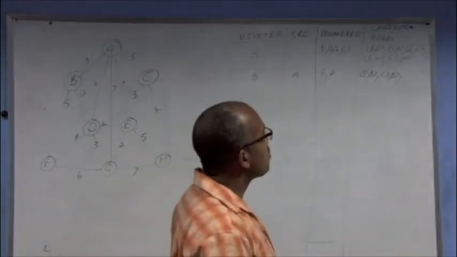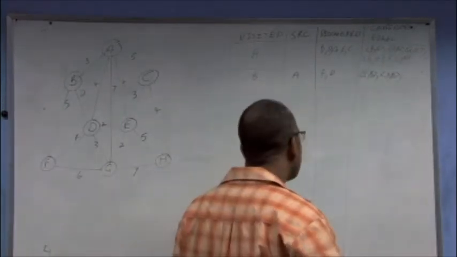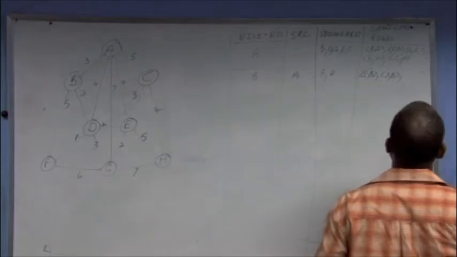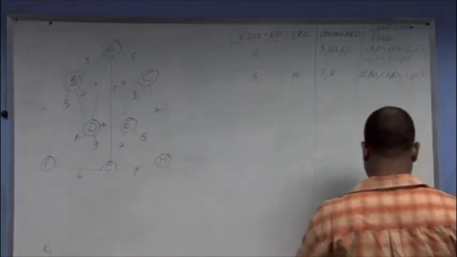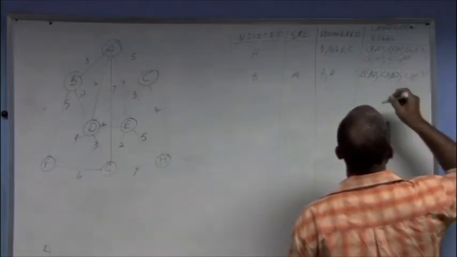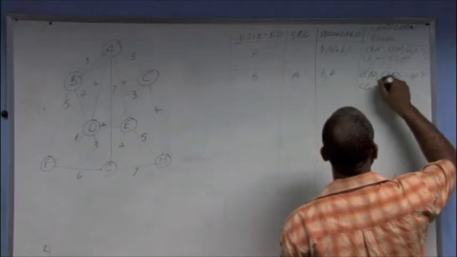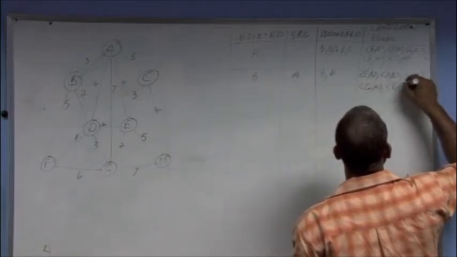And then everything that was there before, this was the only one that came off, the rest of them are still in your data structure. They'll still be there. So we have D from A.